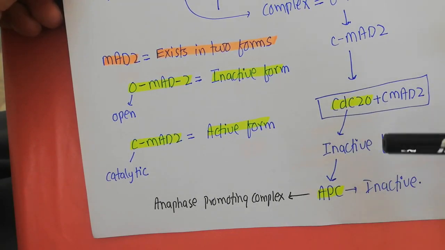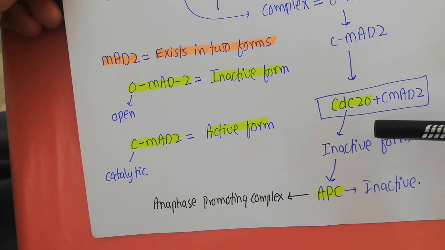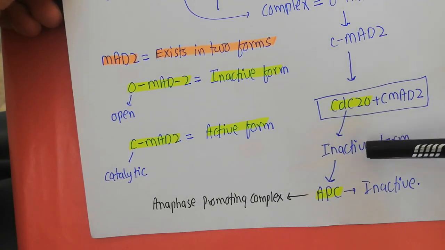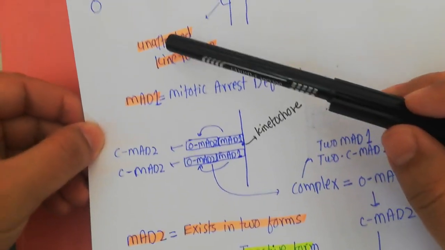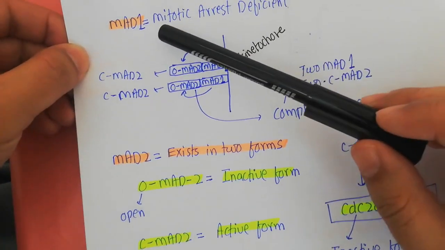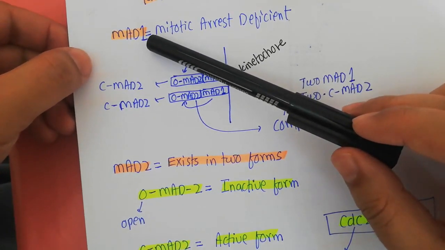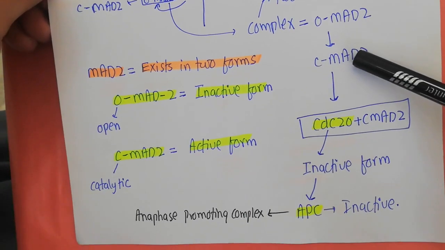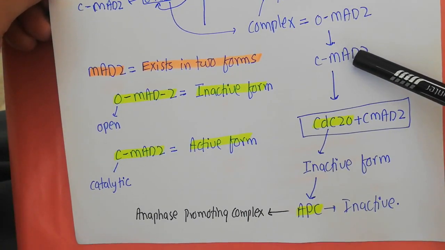Now, when all of the pairs of the sister chromatids have got tension on all of the kinetochores, that means that there will be no unattached kinetochore, and if there is no unattached kinetochore, that means that the MAD1 protein cannot interact with the kinetochores. Therefore, the c-MAD2 will not get activated.